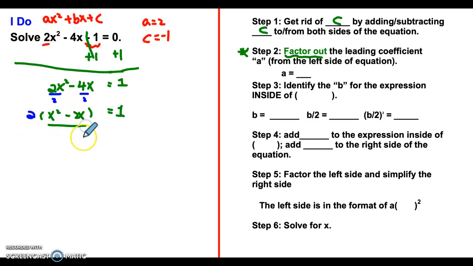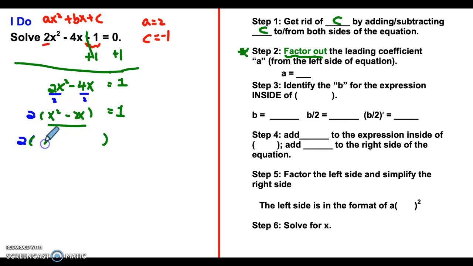What I really care about is whatever is inside the parenthesis. I want to create a perfect square trinomial, right? Notice this is not even a trinomial because we only have two terms. So I know I'm going to copy the 2, but I don't need to use it. Just need to copy it down. I'm going to be focusing on whatever expression is inside the parenthesis.